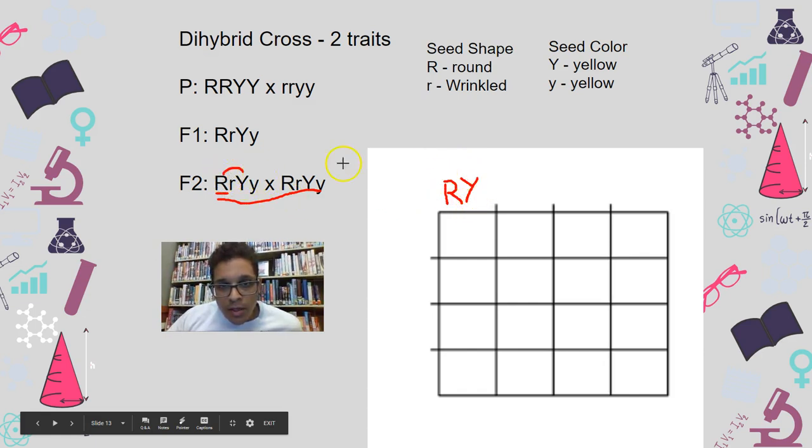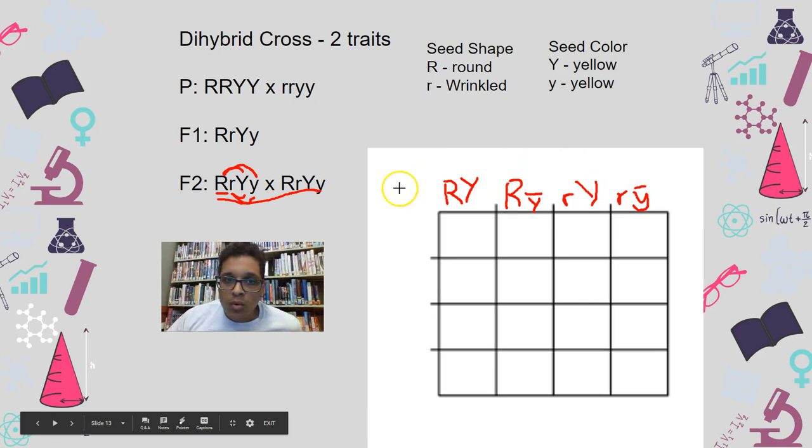And so then you also take that first letter and you cross it with that last Y, and so that'll be a dominant with a recessive y. And then you do that for this R too. So a lowercase r with a capital Y. And last one here, lowercase r with a lowercase y.